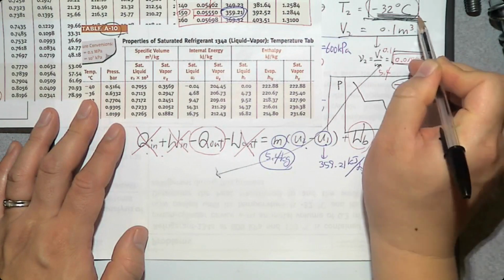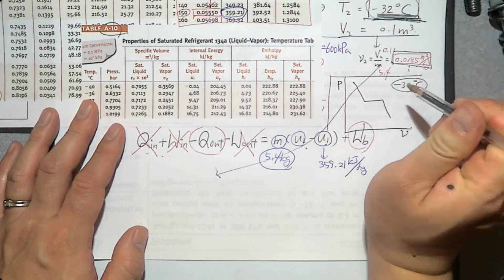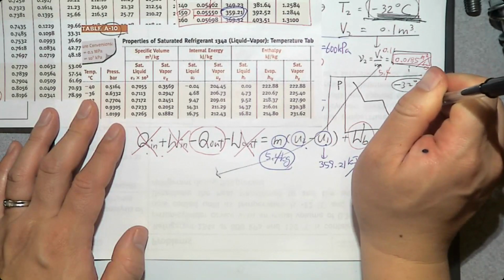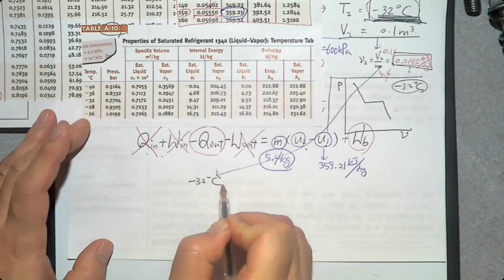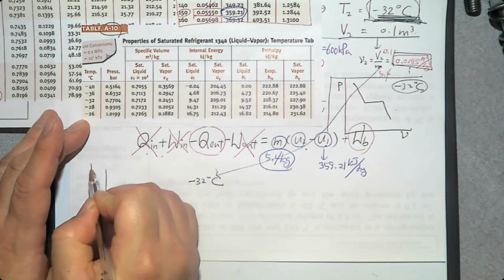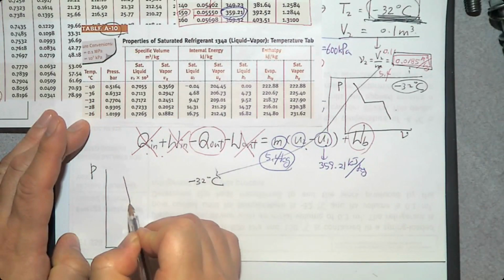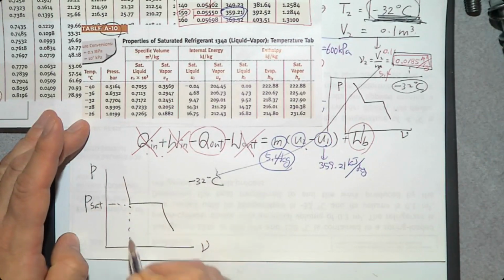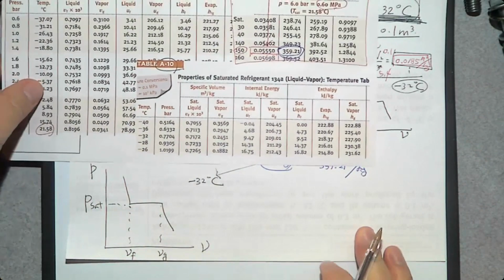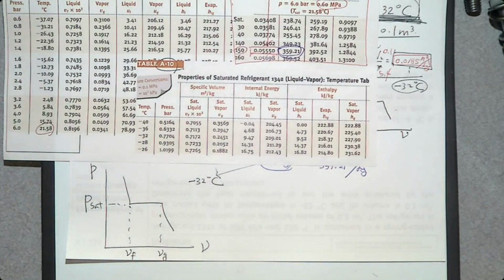If you know temperature and specific volume, you can make a property diagram, right? So at minus 32 degrees Celsius, we can make a Pv diagram. It looks like this. And this one is Psat. This one is vf. This one is vg. So let's find Psat, v2, vf, vg.